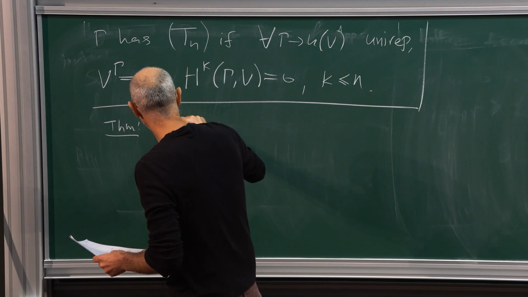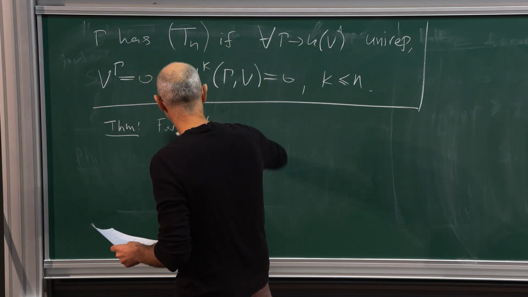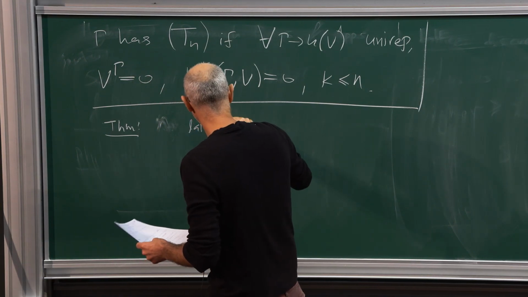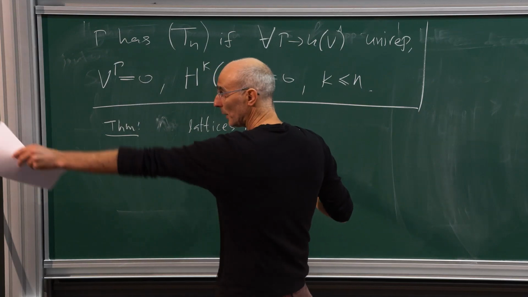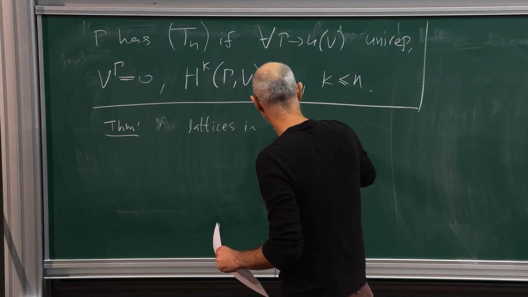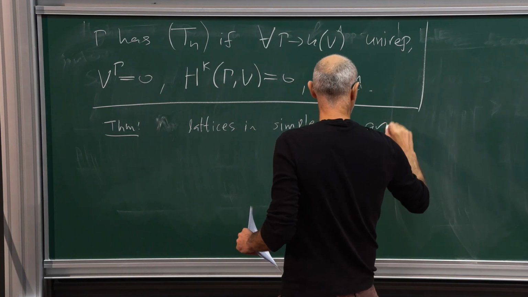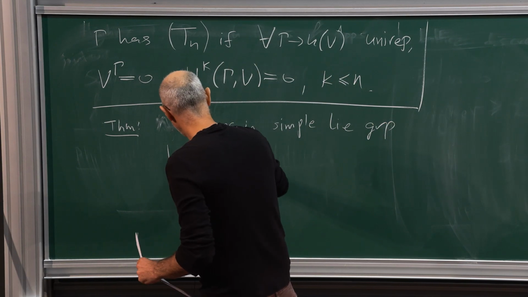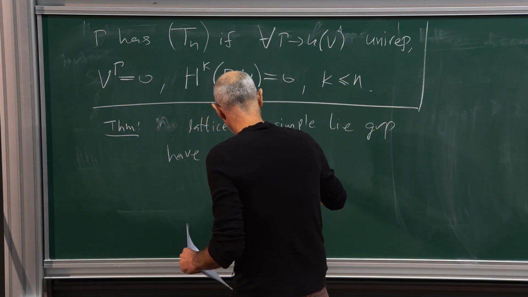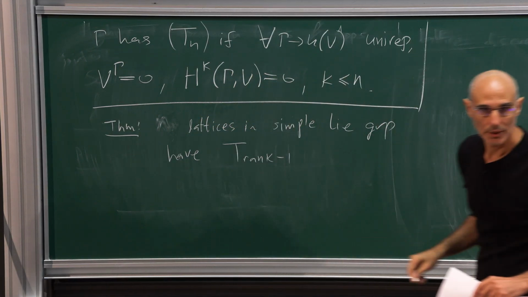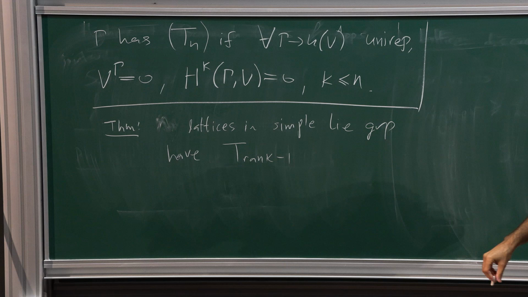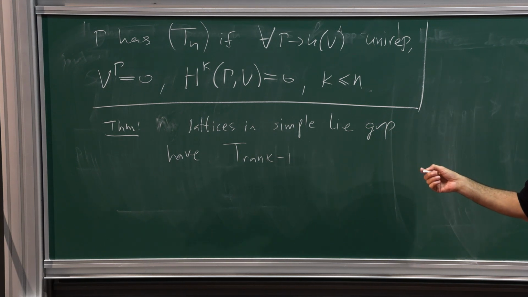for lattices, I'm rephrasing this, in simple Lie groups have T rank minus 1. Did I answer? No, it's just in your definition.